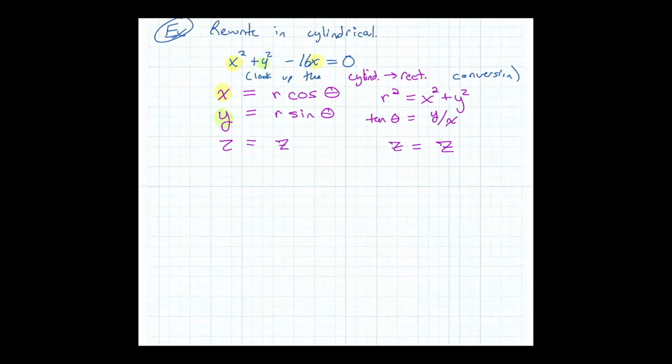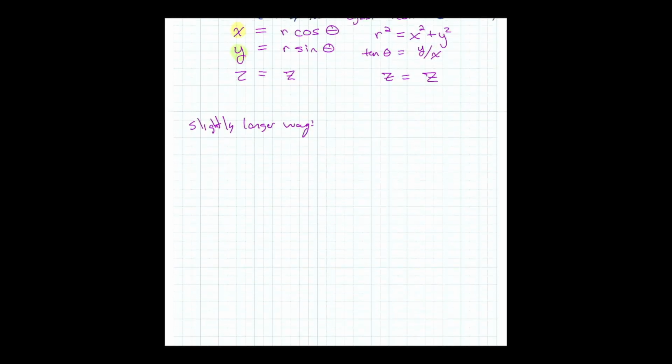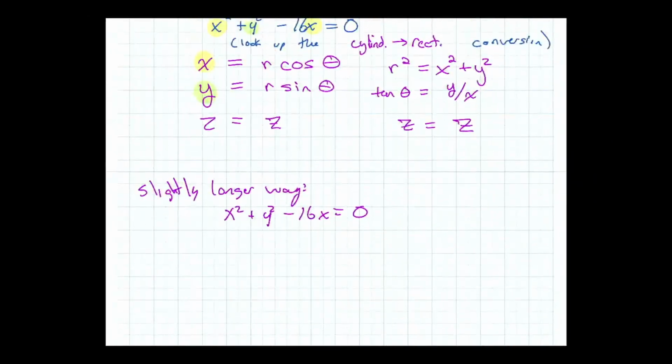Scroll, scroll, scroll. This is slow, sorry. But it's just nice to have all 6 of these as reference when you're solving this problem. So there you go. There are kind of 2 ways to do this. The slightly longer way is this. We're starting with x squared plus y squared minus 16x equals 0, right? And we're just going to use the highlighted conversions.